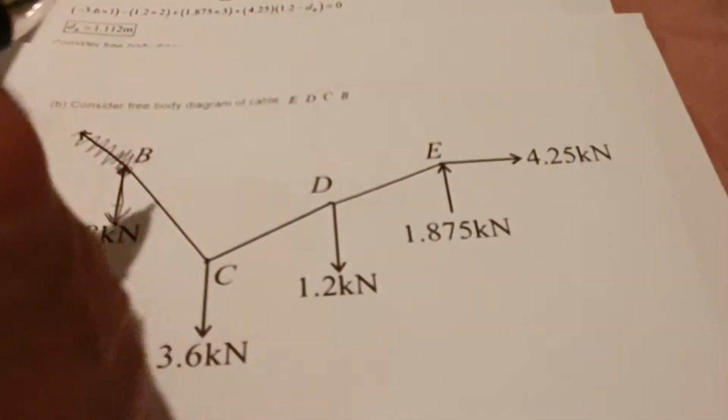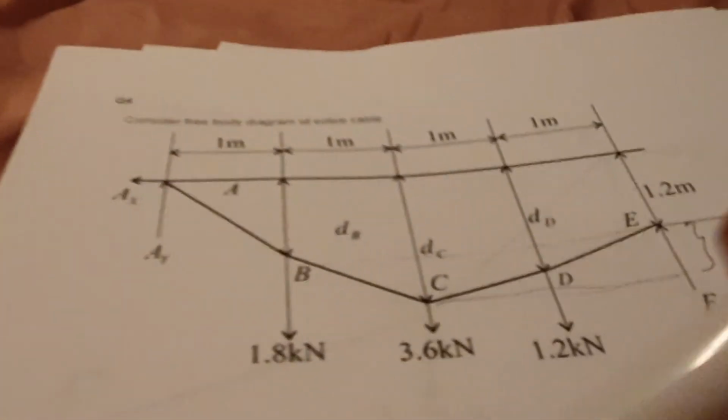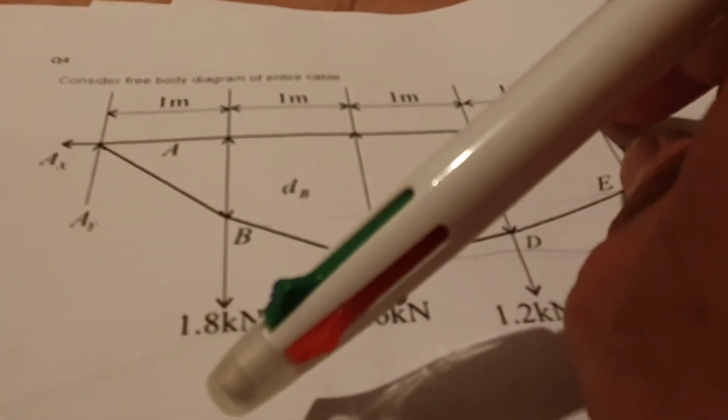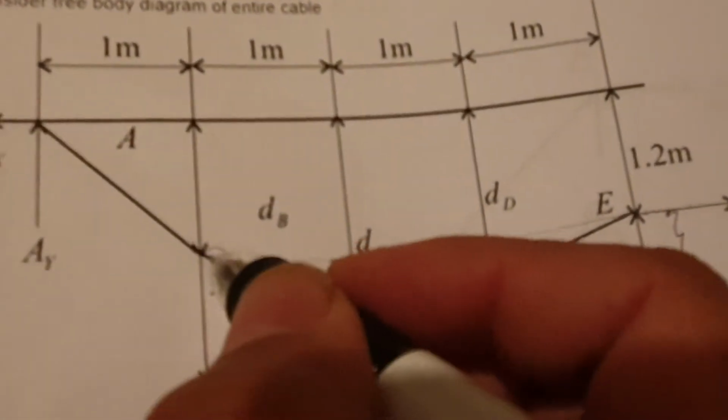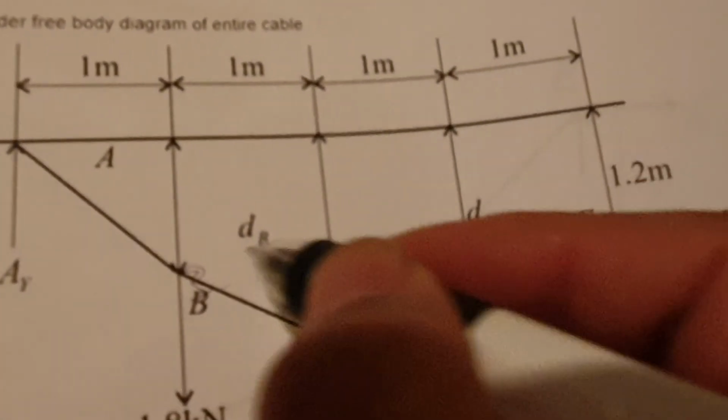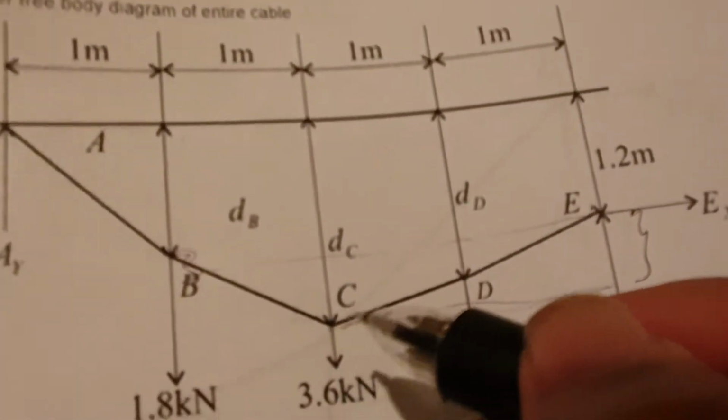So it's 1.2 minus, the whole thing is 1.2, and this is dB. So the whole thing is 1.2 minus dB. You could find this distance. So this distance is 1.2 minus dB. So with 1.2 minus dB, you could rearrange the equation and find dB, 1.112 meters. So now we found this.